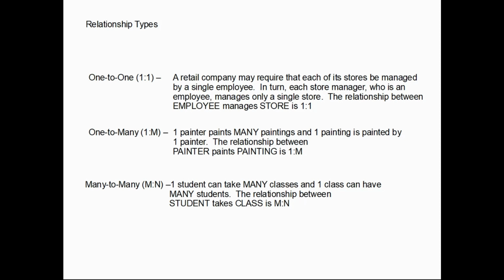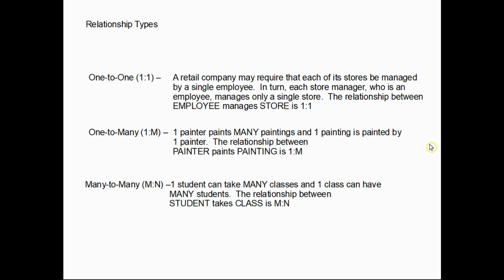I will say this, if you end up with a one-to-one, or think you end up with a one-to-one between 2 tables, double check it. They're very rare, okay? The majority are one-to-many and many-to-many. So if you think you end up with a one-to-one, just double check it. Not saying it doesn't exist, just double check it.